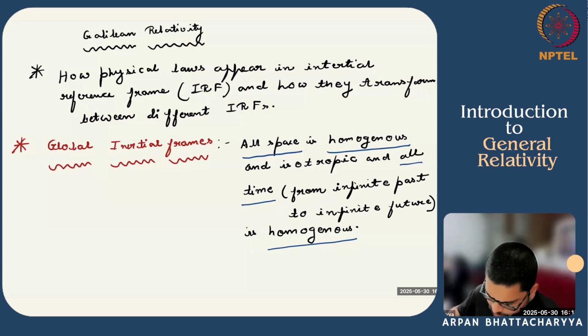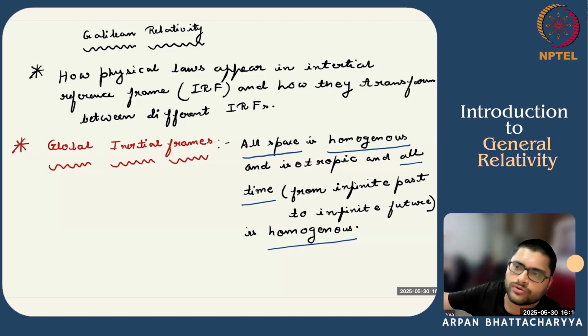The main point of any relativity is that it gives us a set of special reference frames, which we call inertial reference frames, and also gives us the transformation law of various physical quantities if we move from one frame to another. That is true even for special relativity.